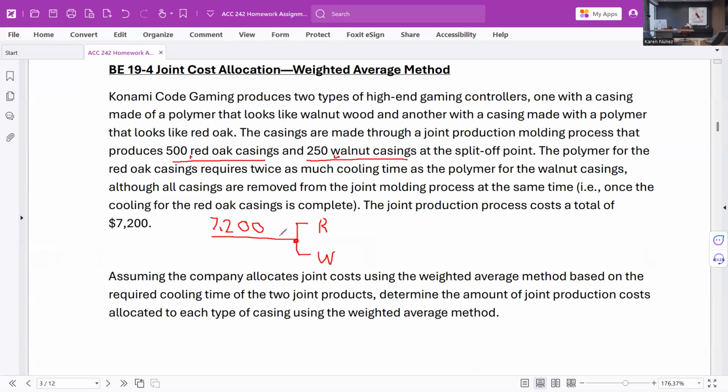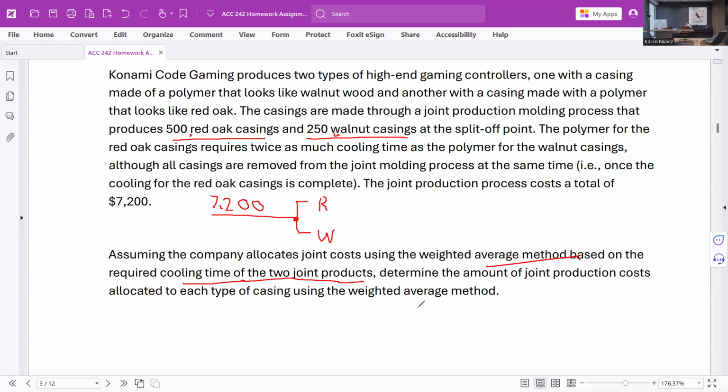And we need to allocate the $7,200 to these two products based on some weighted average. Well, the weighted average method, this company allocates based on the weighted average. And the assumption here is that the weighted average should be based on the cooling time of the two products.